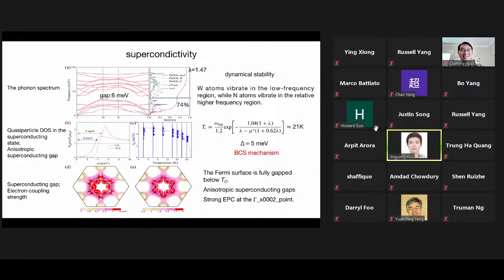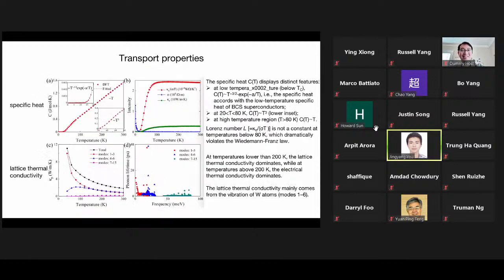So we can conclude that the high Tc and the large superconducting gap in monolayer tungsten nitride are mainly from the strong electron-phonon coupling of the Fermi surface around the gamma point. It is worth mentioning that due to the exceedingly strong electron-phonon coupling, the normal state of monolayer tungsten nitride may be a non-Fermi liquid.